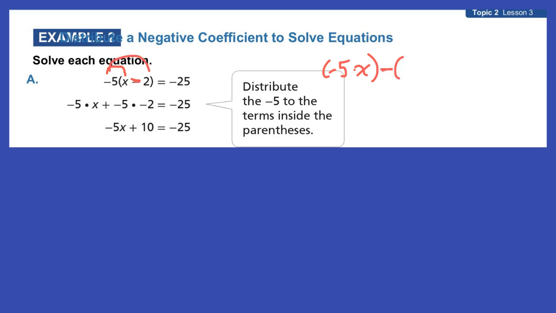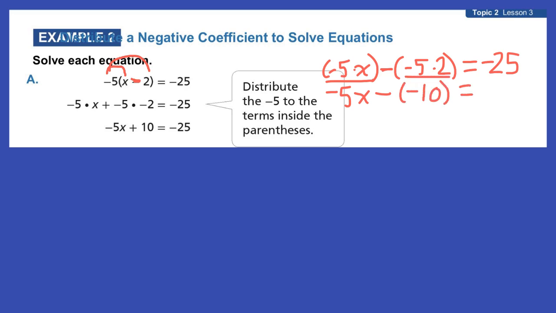And then negative 5 times 2 equals negative 25. So this is negative 5x's minus this is negative 10 equals negative 25.